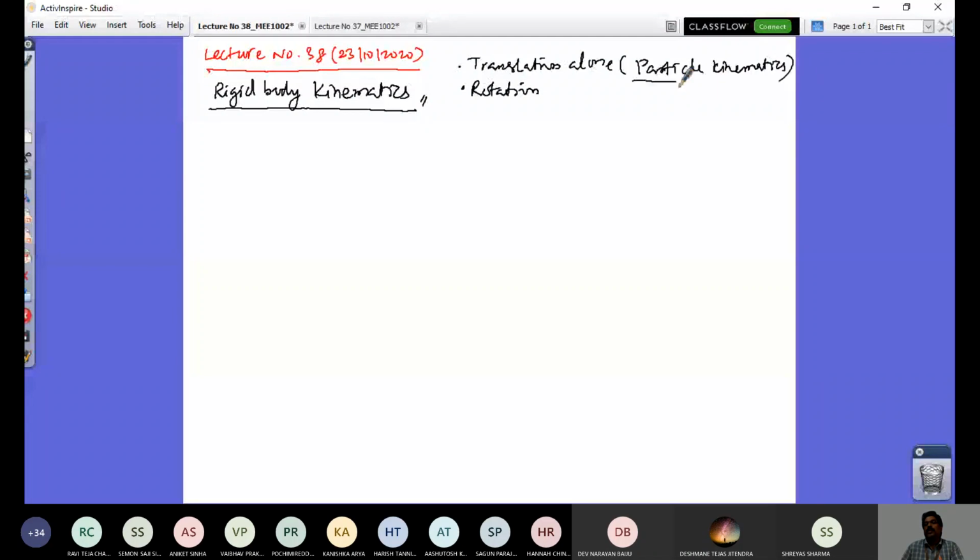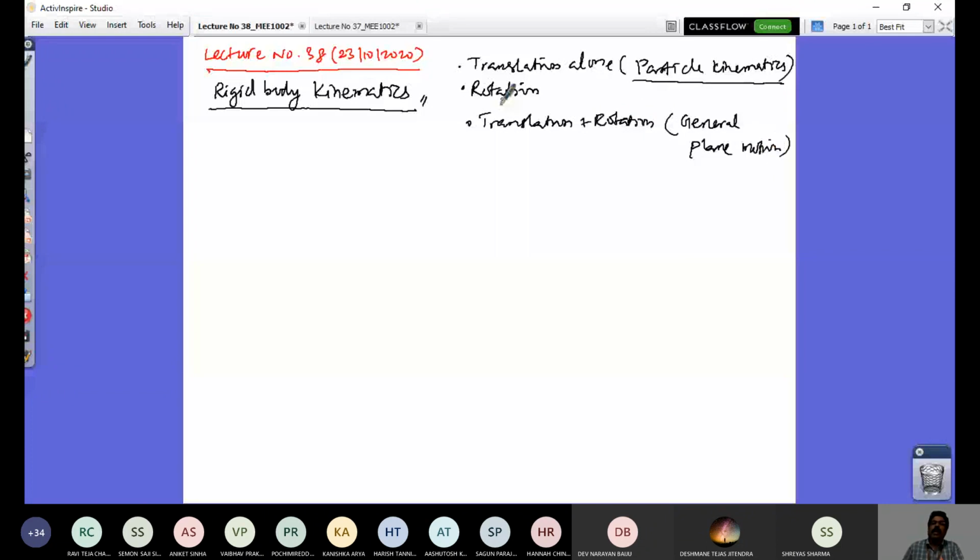We have just finished this topic and we are entering into rigid body kinematics, where you can see rotation or translation plus rotation, and that motion is what is called the general plane motion. So we are going to solve problems of this group.